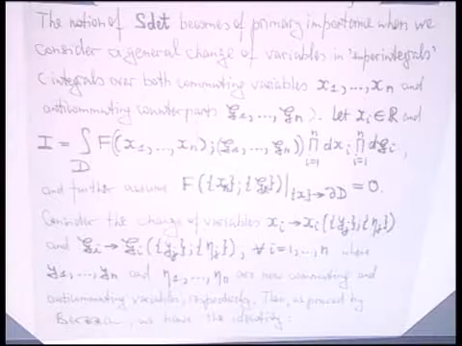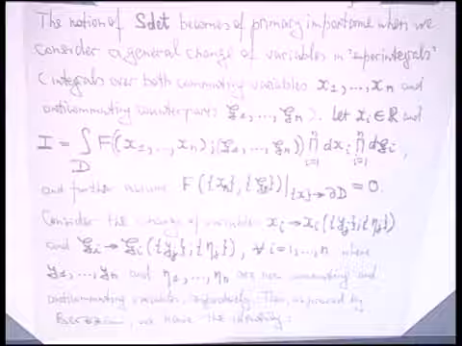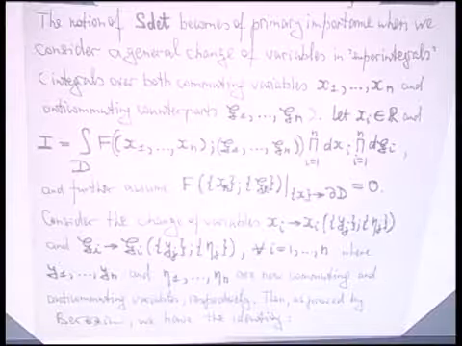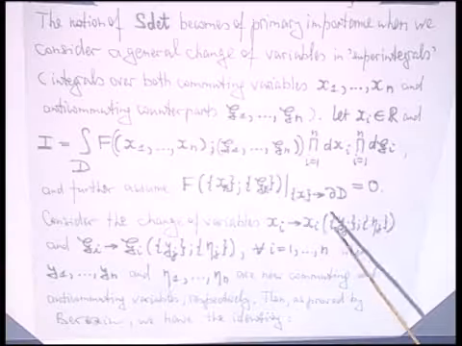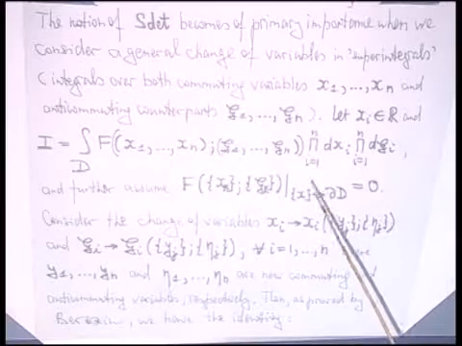So if this domain is infinite, then our function should decay sufficiently fast at infinity. If it's a finite domain, I will assume that approaching the boundary, this function vanishes.